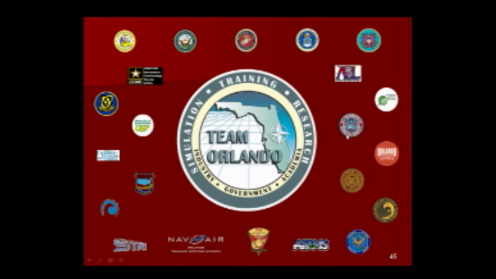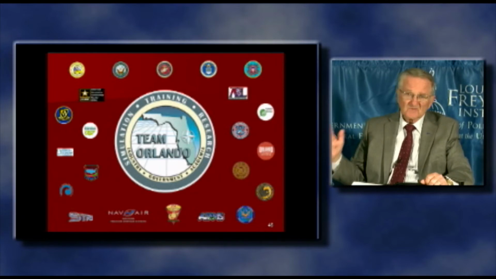Team Orlando is made up of the Army, the Navy, the Marines, the Air Force, the Coast Guard, and many, many other activities related to modeling and simulation. It's a very, very powerful centroid, if you will, of modeling and simulation. And we learn from each other. The Navy learns from the Army learns from the Navy, the Marine Corps takes advantage of everybody's products because they have a low budget. And together we have what we call Team Orlando.